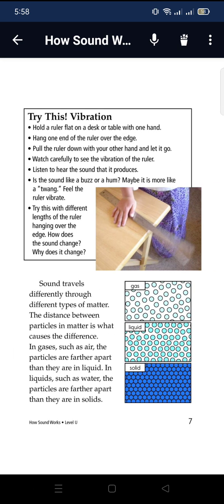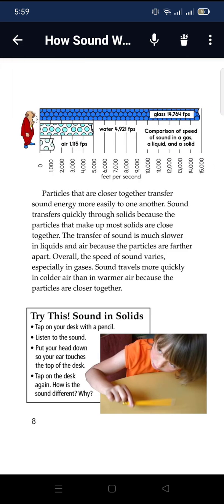Sound travels differently through different types of matter. The distance between the particles in matter is what causes the difference. In gases such as air, the particles are farther apart than they are in liquid. In liquid such as water, the particles are farther apart than they are in solid.